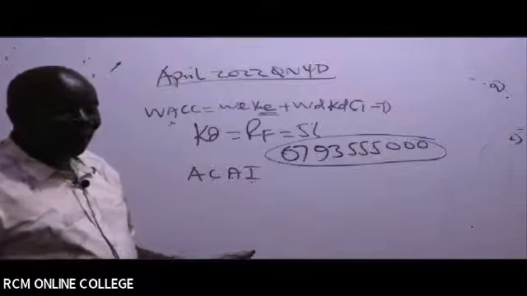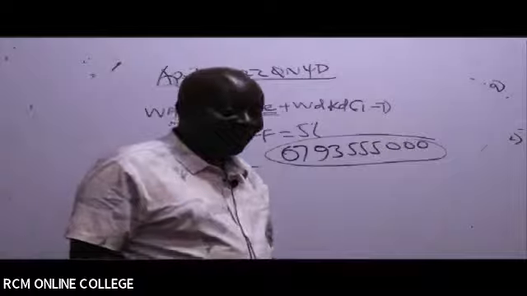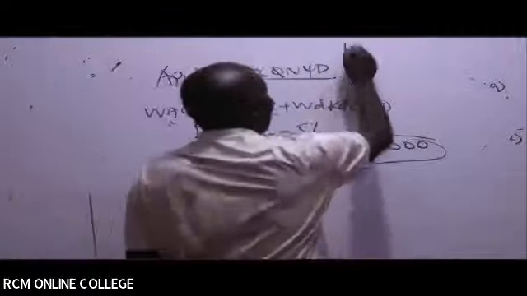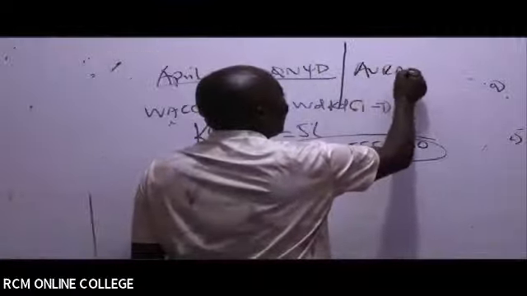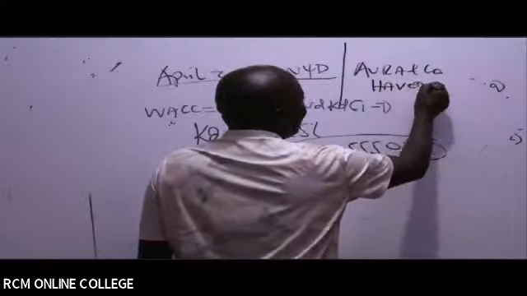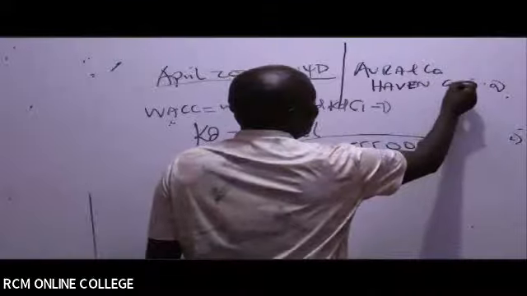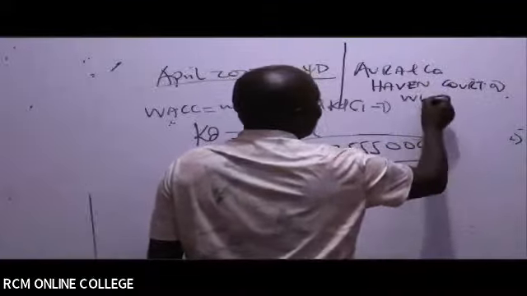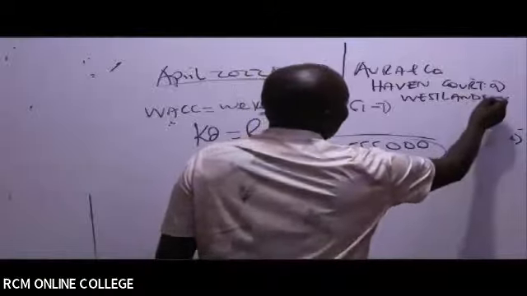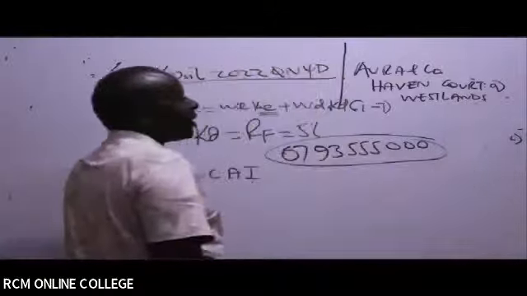It was wonderful. You can see somebody already has used to this. External audit firm, we call ourselves Aura and Co. We are based at Haven Court, Westlands, along Wayaki Way.